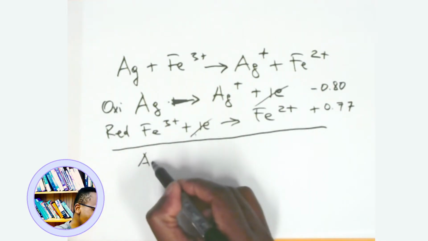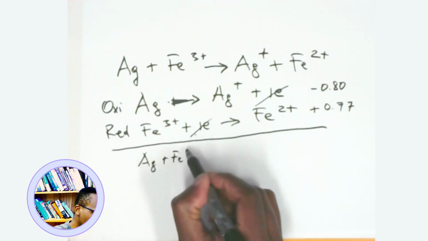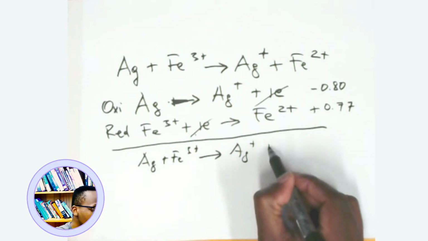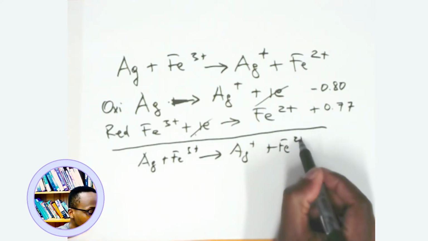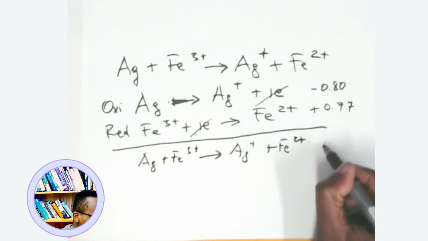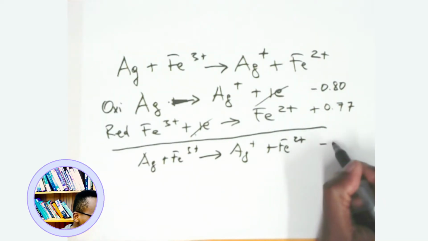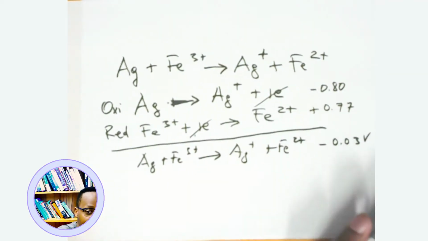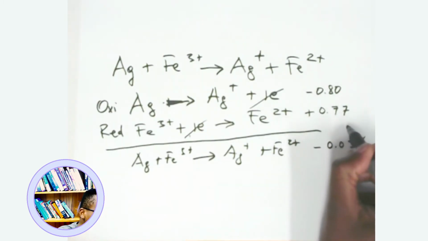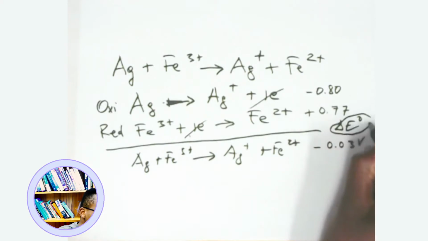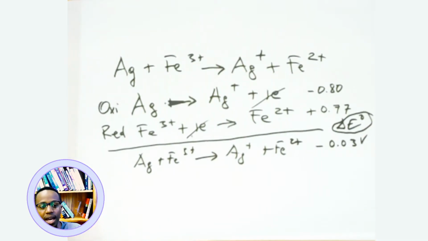You end up with Ag plus Fe3 plus gives us Ag plus Fe2 plus, which is what we started with anyway. And the total here should be 0.03 volts. This is the voltage that we've been looking for, delta E prime. That's the voltage that they asked.